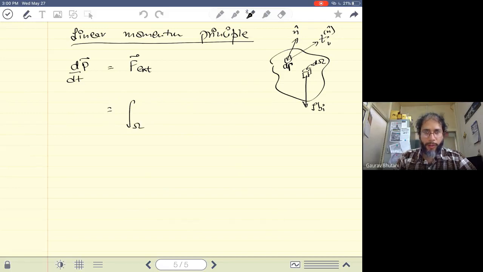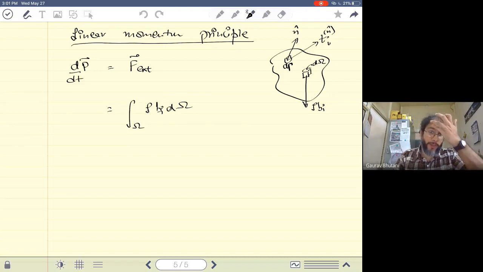That is the integral over the complete volume, and the infinitesimal body force is rho times bi times d omega. So rho times bi gives us the body force per unit volume, and multiplying that by d omega, the small infinitesimal volume, gives us the infinitesimal body force, which we can integrate over the complete volume omega. That gives us the total external body force acting on the volume.